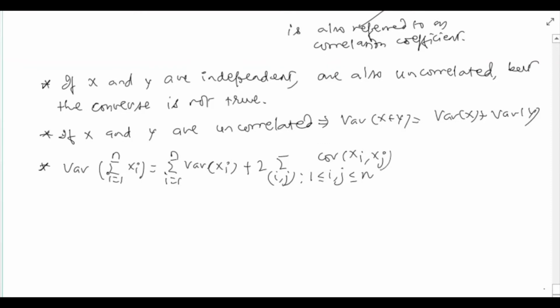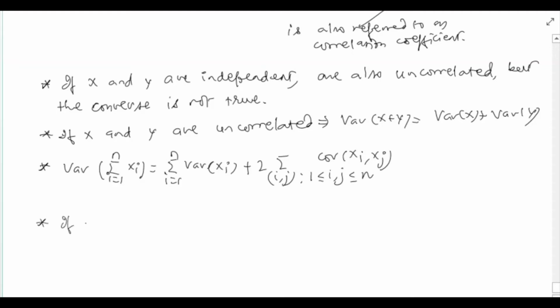This is a general expression. This doesn't need the random variables to be independent. Clearly, if the random variables are independent, in that case they are uncorrelated. The second summation here becomes 0 and variance of summation becomes sum of variances.